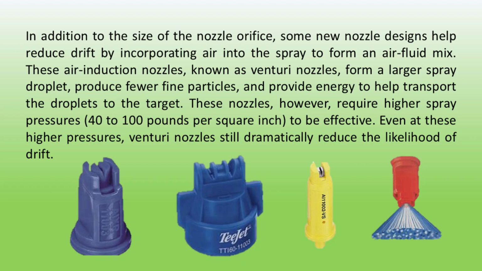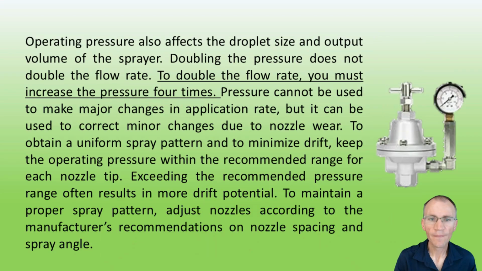These air introduction nozzles, known as Venturi nozzles, form a larger spray droplet, produce fewer fine particles, and provide energy to help transport the droplets to the target. These nozzles, however, require higher spray pressures, 40 to 100 pounds per square inch, to be effective. Even at these higher pressures, Venturi nozzles still dramatically reduce the likelihood of drift.